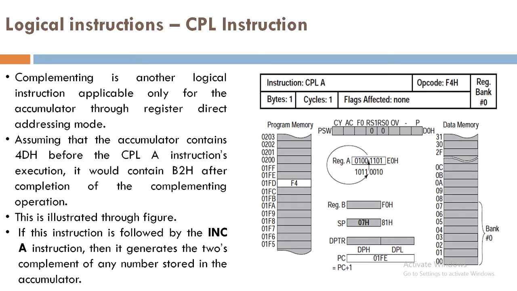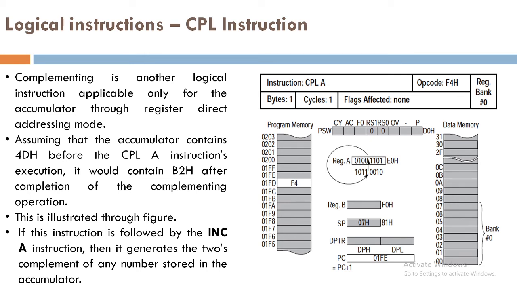Now before this instruction is executed, if we assume the content of the accumulator as 4D hex, then after the execution of this, it will get ones complemented. That means zeros will be changed to 1, and 1 will be changed to 0.